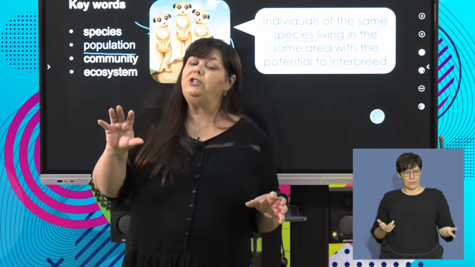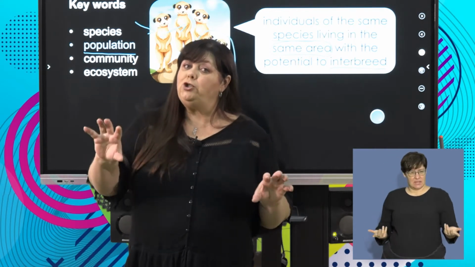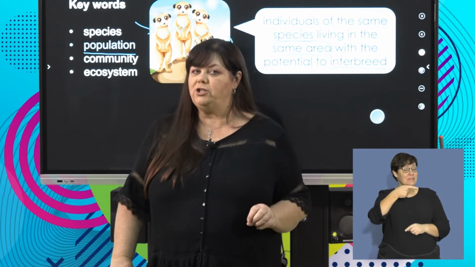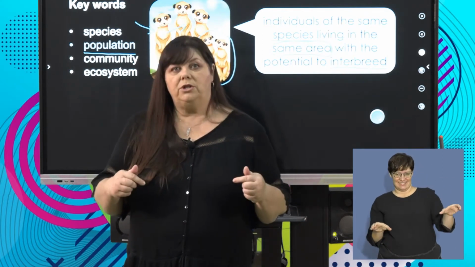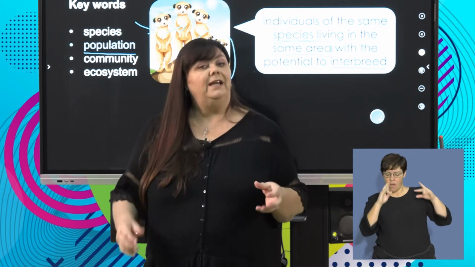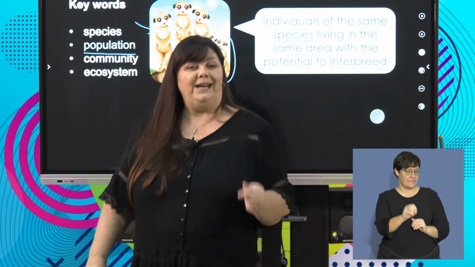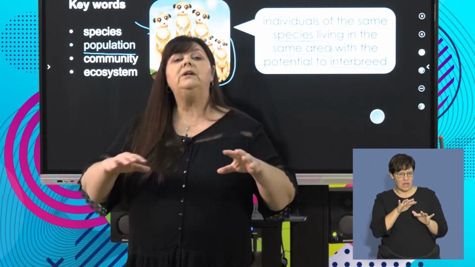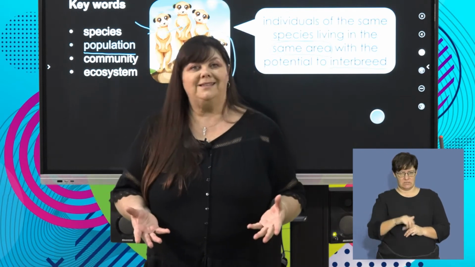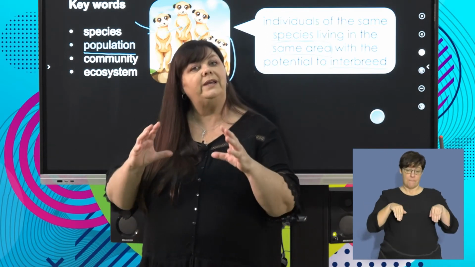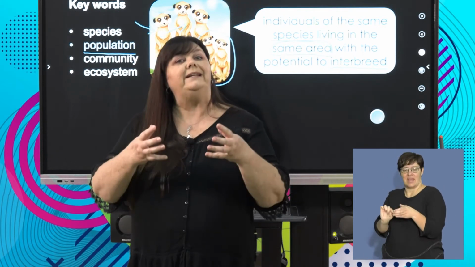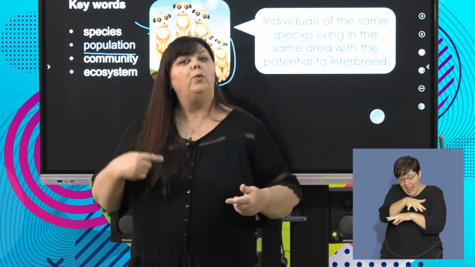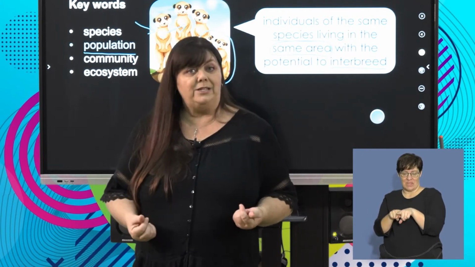So we refer to them as the same species, but two separate populations. This now becomes important for our investigation into population ecology. We're not looking at all the meerkats in South Africa. We're looking only at a group of meerkats that live in the same area with the potential to interbreed.